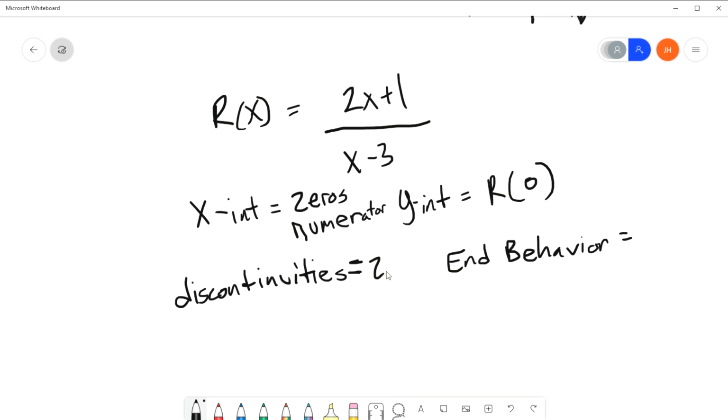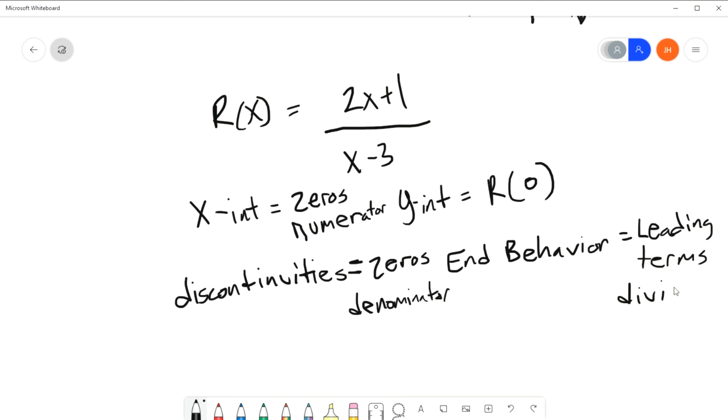Discontinuities are the zeros of the denominator, of the bottom. And we've discussed already how to identify whether the discontinuity is a vertical asymptote or a hole. And finally, the end behavior is the leading terms divided. So let me separate these things so that it's a little bit easier to see.